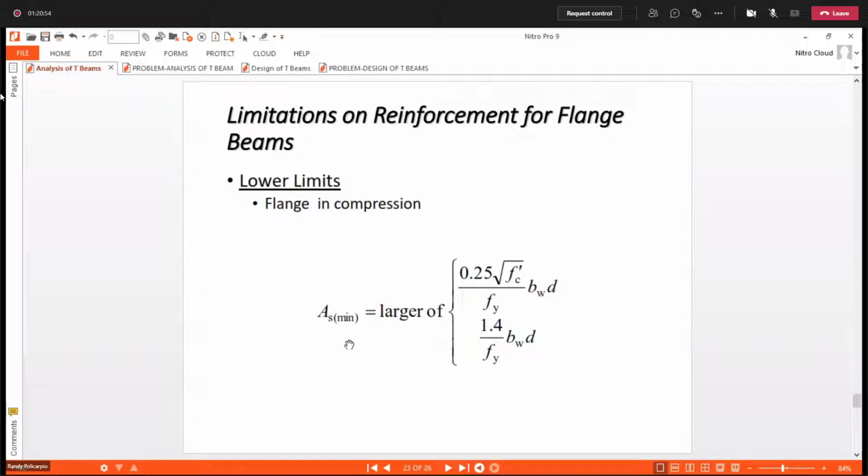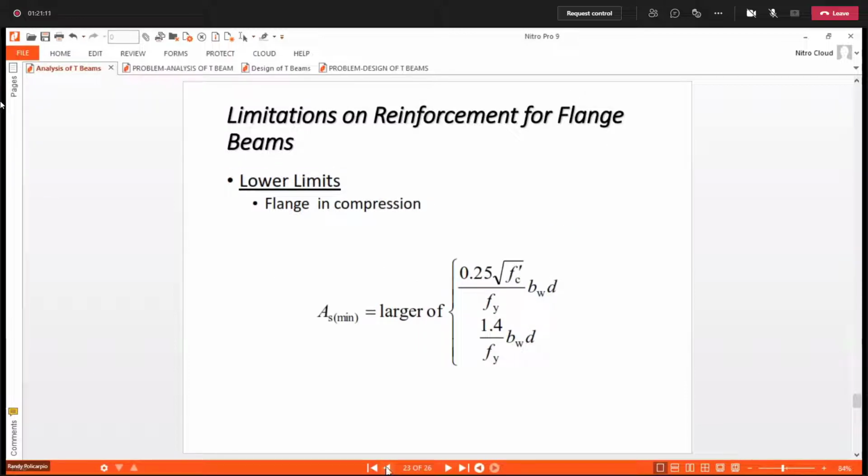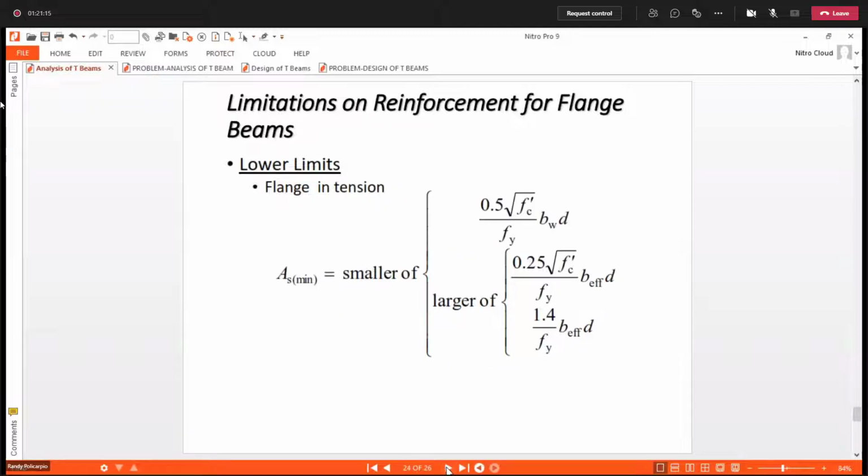And then for the A minimum, so this is the formula. Ito rin yung raw min. Kaya lang nakalagay na yung BWD, para makuha mo area, no? Okay, so this is for flange in compression. Pero kapag yung flange mo in tension, ito naman yung AS minimum, no?